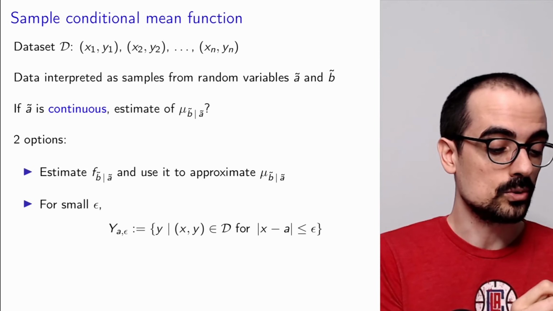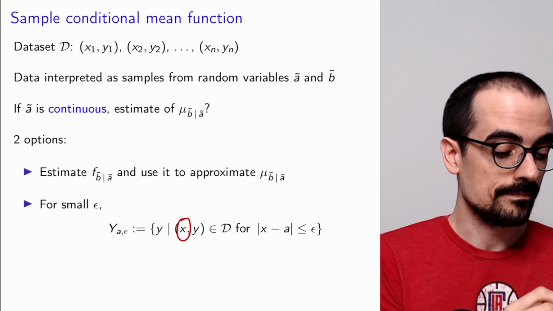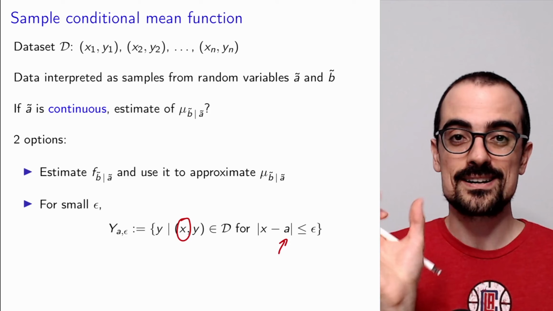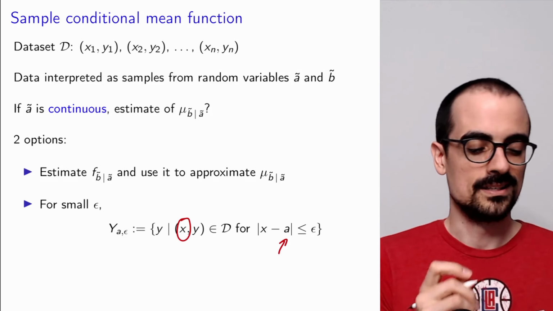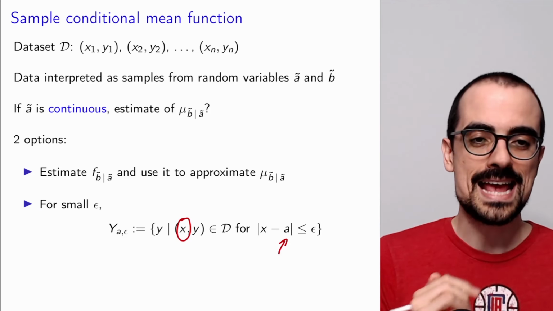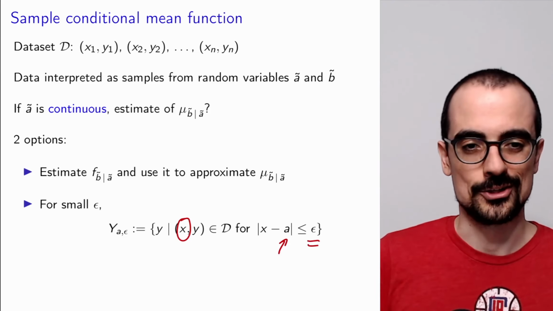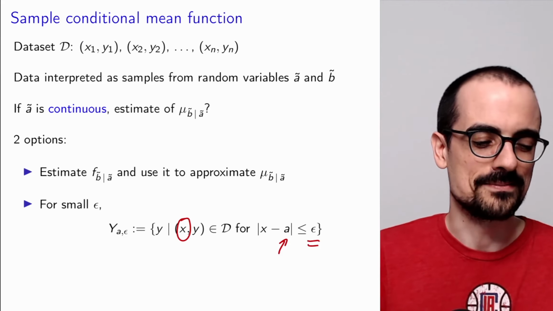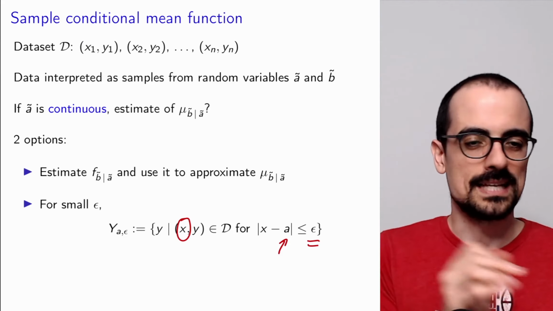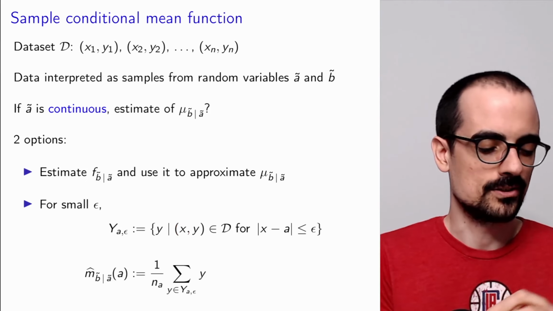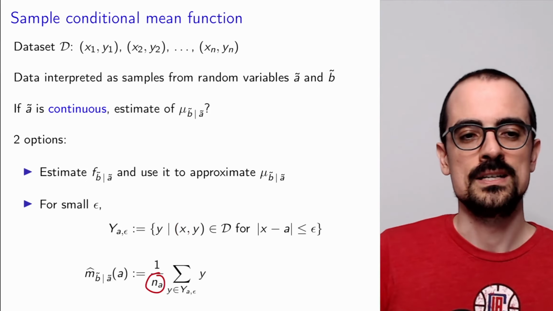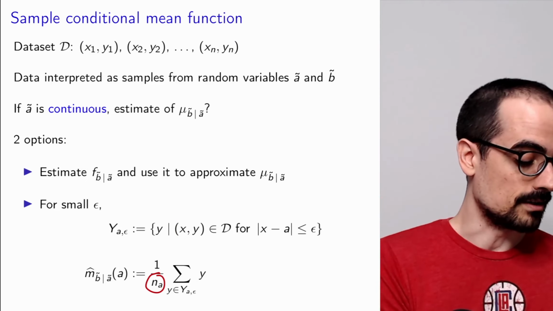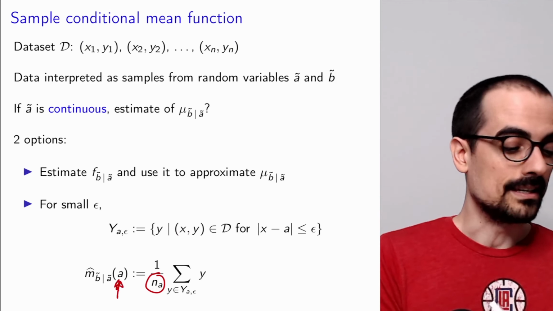And I'm going to take the first entry to be close enough to A. So I'm going to take pairs such that the distance between the first entry and the certain value A that I'm interested in is smaller than epsilon. Again, I'll show you a picture in a moment that might be easier to follow than this. But essentially, you build that set, and then you take the average. This is the number of pairs for which the first entry is epsilon close to that particular value of A.